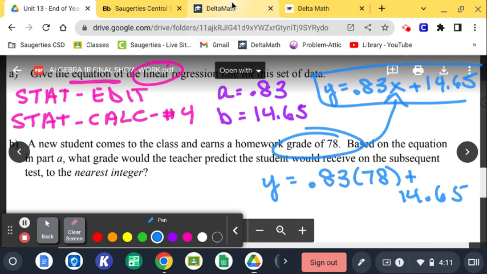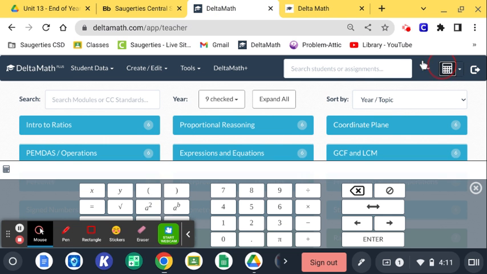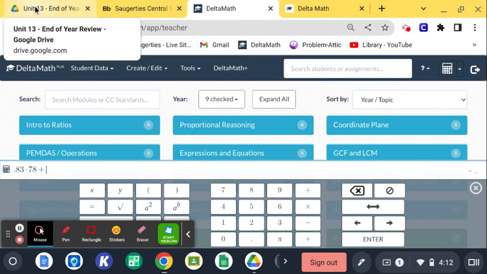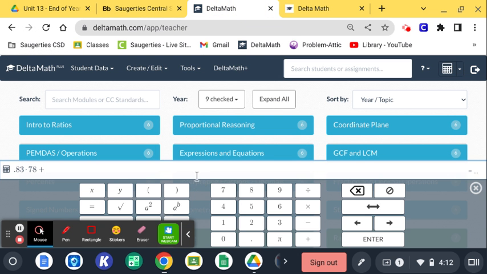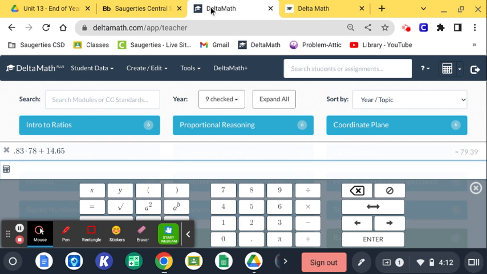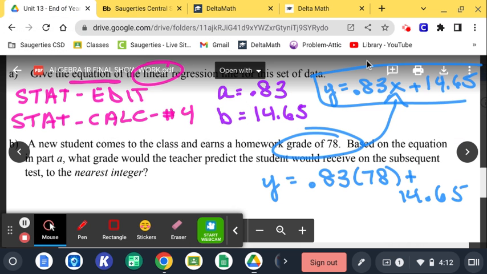I was doing my stuff on Delta Math. 0.83 times 78 plus 14.65 gives 79.39.